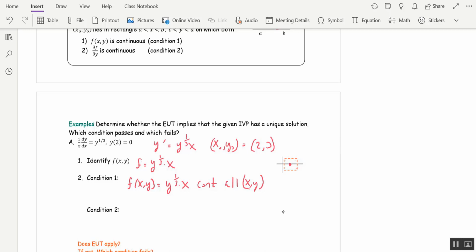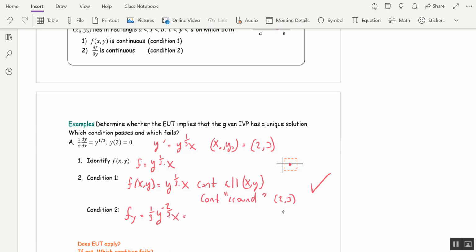So continuous for all x, y, so it's certainly continuous around, I put that in quotes because it's a little vague, but I mean for all x, y around the point (2, 0). So yes, this one's a check. Condition 1 is met. Condition 2: f sub y is 1/3 y to the negative 2/3 times x.